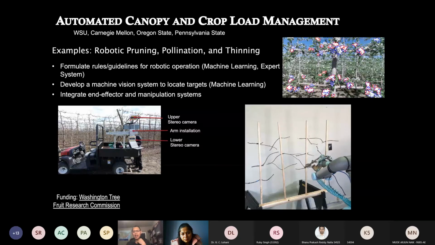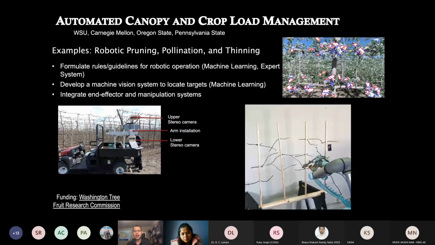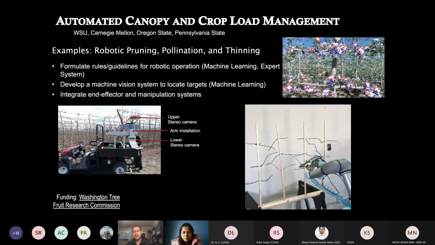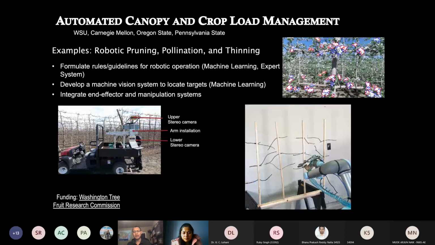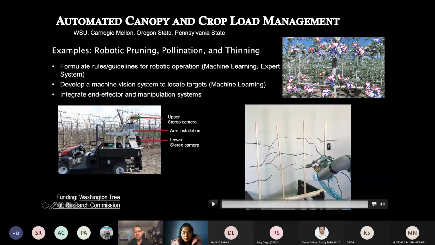This robotic arm can be much faster than what we see right now, but this demonstrates the capability of finding where branches are. In this case, in a mock-up tree tested in the lab, it can go find those branches, cut them off, come back to the home location, go to another position, and continue pruning other branches.